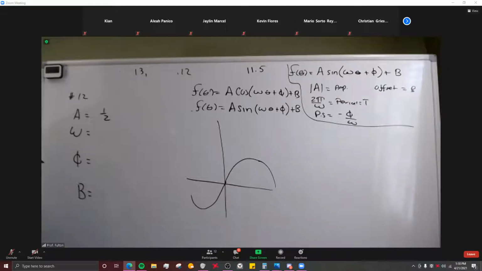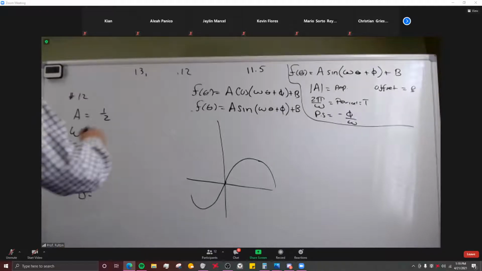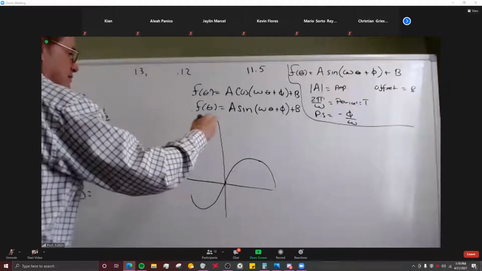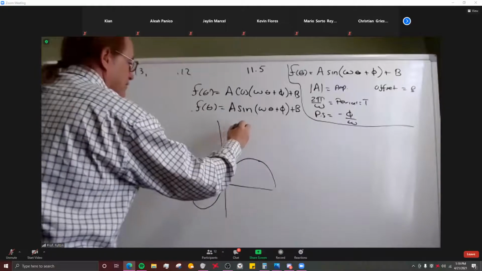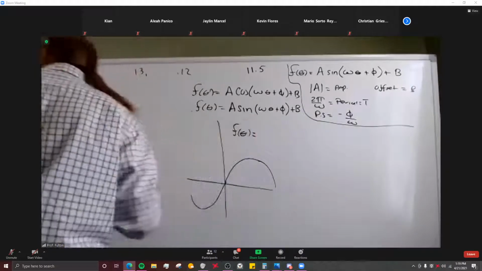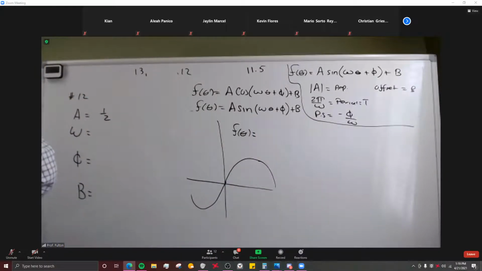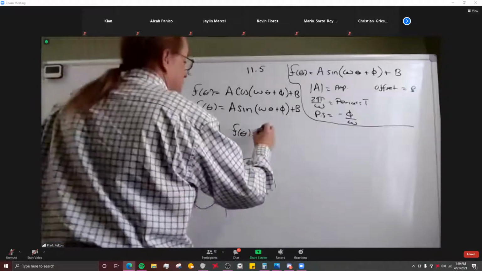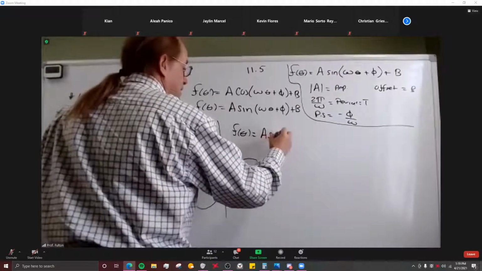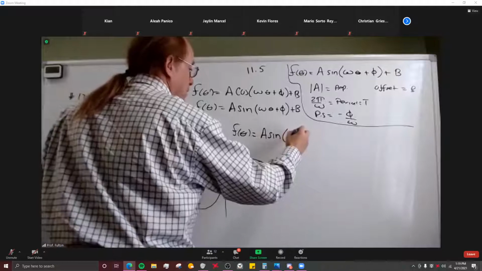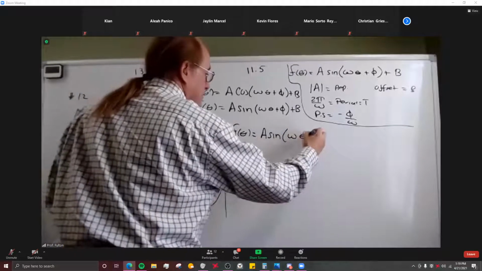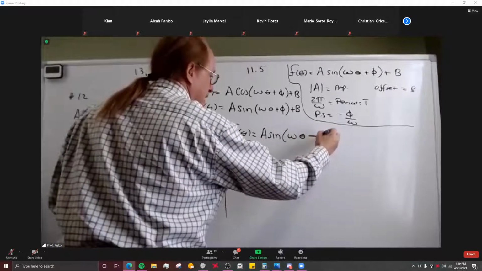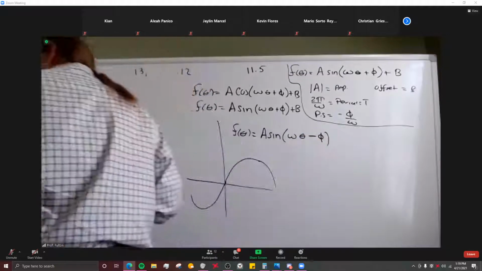So what do we want it to be? We're trying to compare it to this. F of theta is equal to A, and it says use the sine function. So it's A sine of omega theta minus phi, which is a little bit different, plus B.